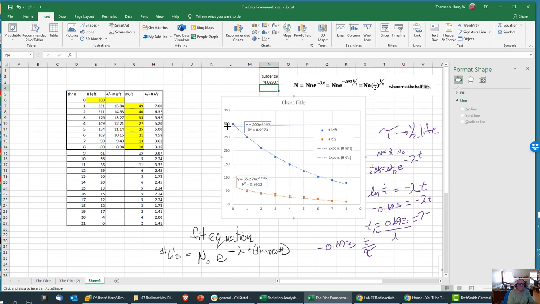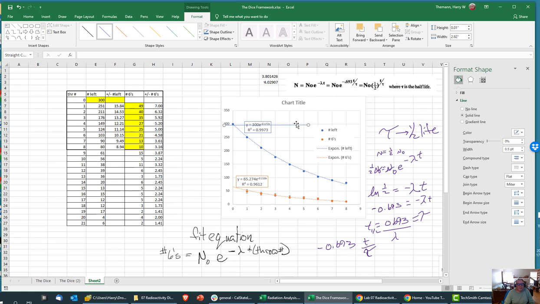So here's my start point, 300, and then we make another line at the halfway point, which is basically 150 or 149, and then we make another line, but now we make it vertical, and we see that we decay down to halfway when we get to 4.